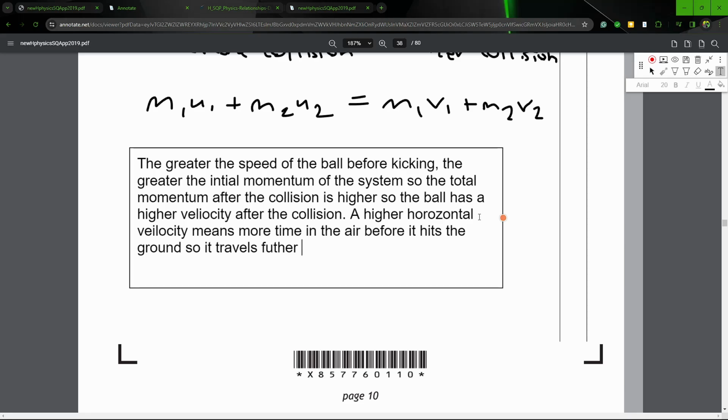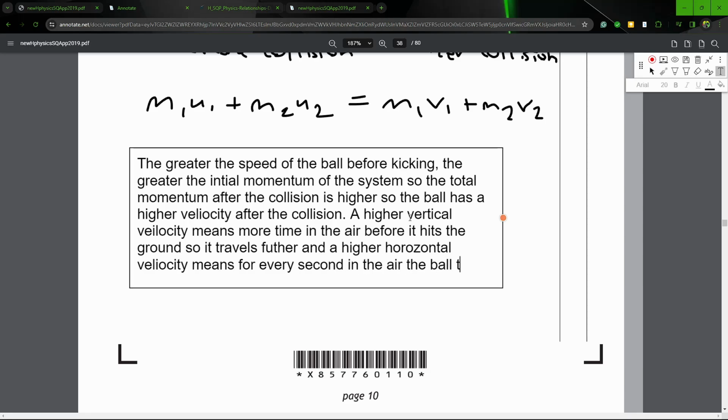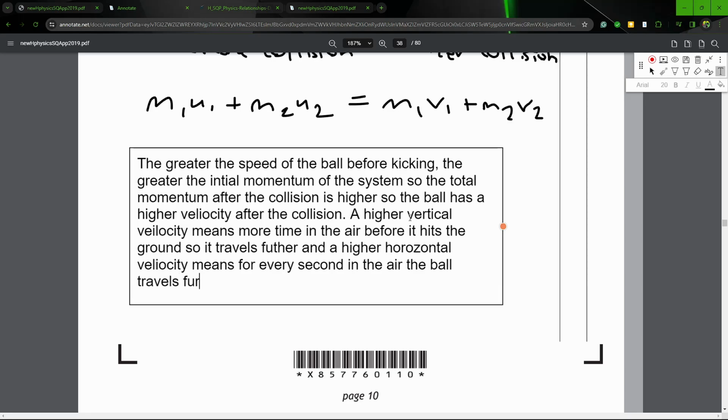A higher vertical velocity and a higher horizontal velocity means for every second in the air, the ball travels further.